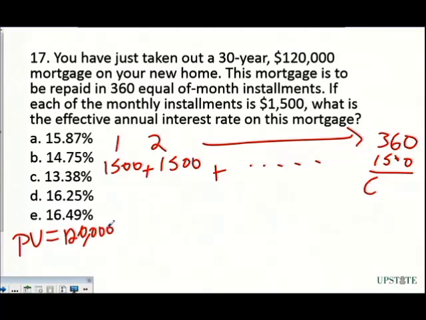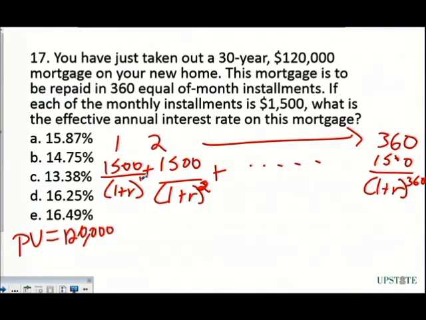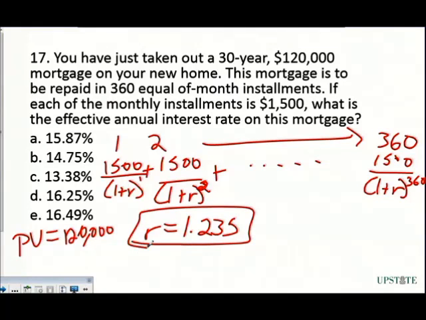That's what the bank is giving us. We want to figure out what R is. We can just plug this in our calculator and we come up with a number. Our R will pop up as 1.235.